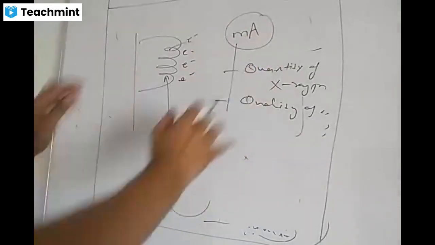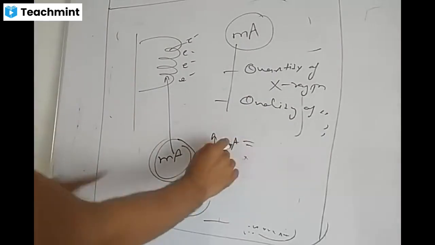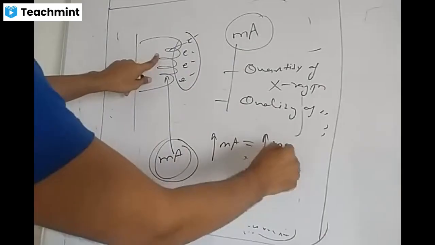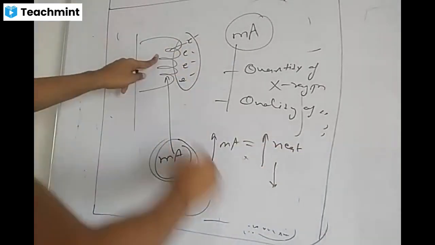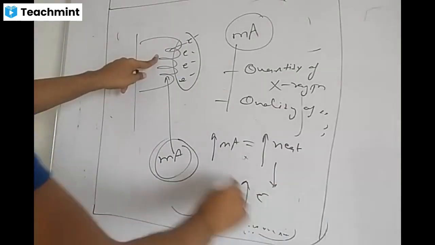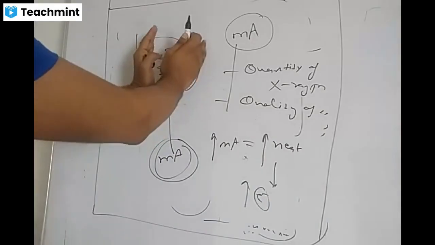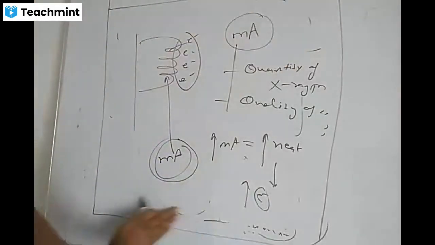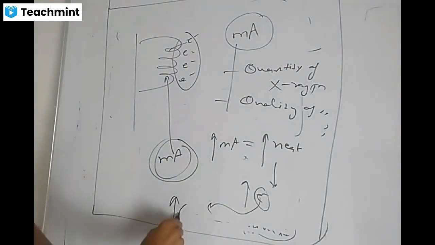The concept is very simple. The more milliampere you apply, the more you heat your filament. If we heat the filament, more electrons will come out. The more electrons come out, the more move toward the anode and strike the anode, and that leads to more X-rays.